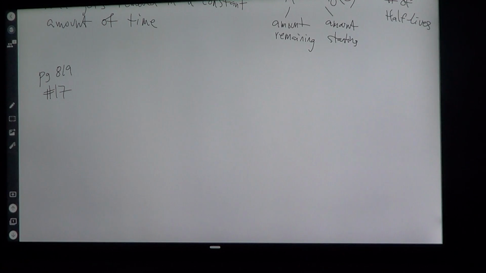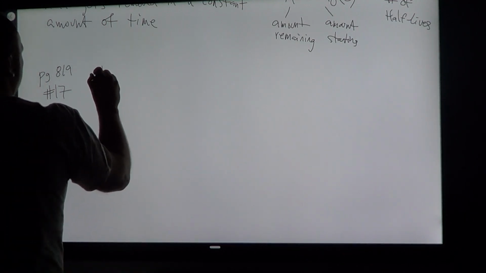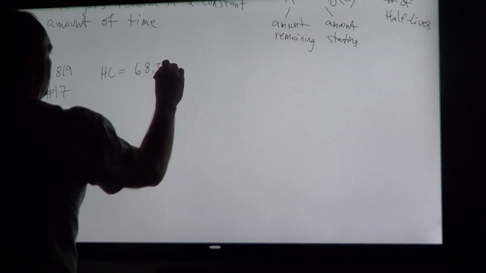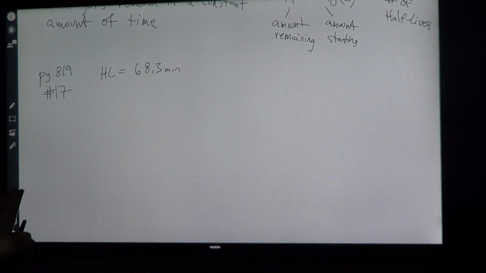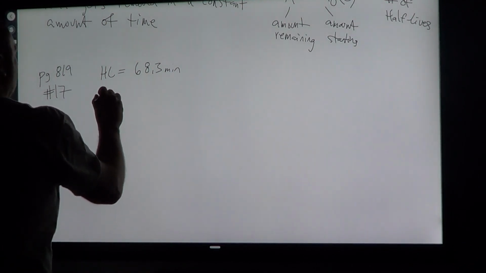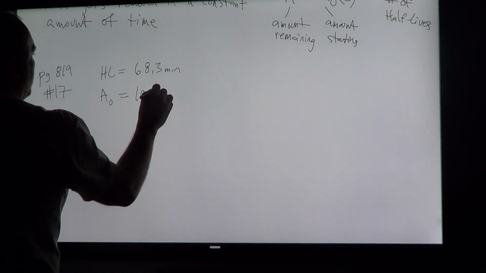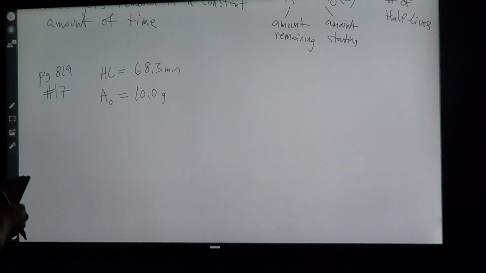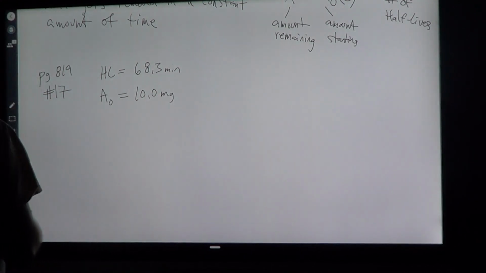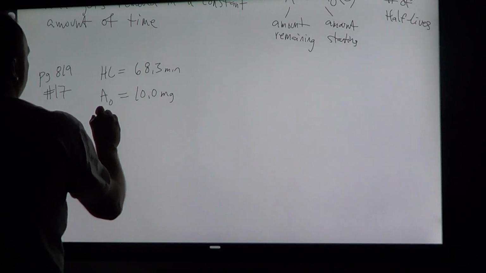If gallium-68 has a half-life of 68.3 minutes, how much of a 10.0 milligram sample is left after 1 half-life?